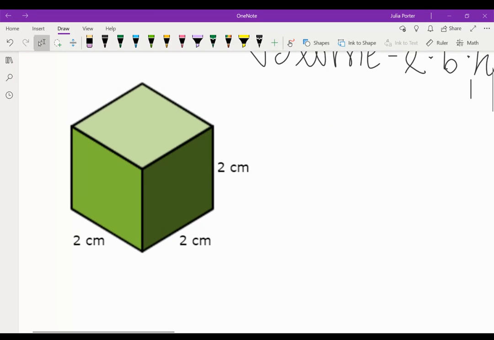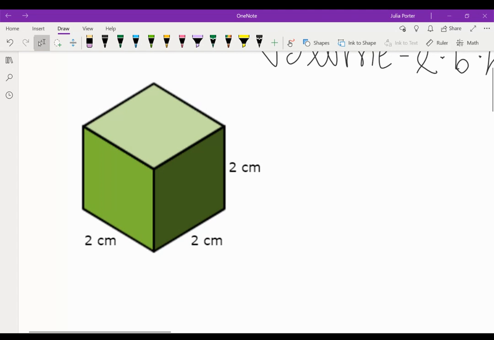So if we look at this one right here, we see that we have this rectangular prism that has the base of 2, the width of 2, and the height of 2. So because the base, width, and height are all the same length, we can call this a cube.